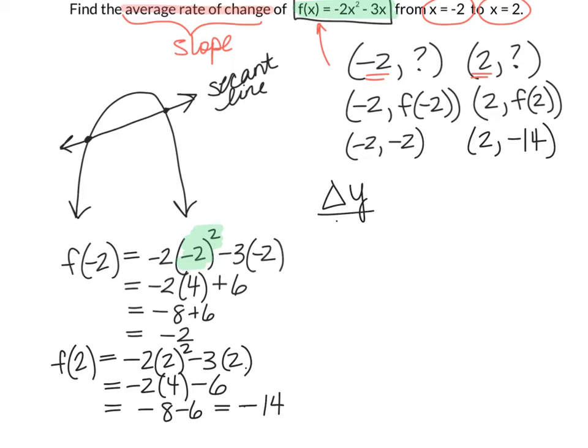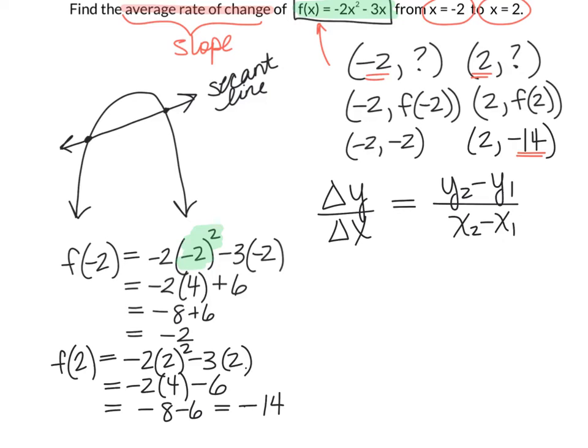And remember, slope is the change in y divided by the change in x. In other words, we want to look at the difference between the y values and the difference between the x values using that slope formula. Now, it does not make any difference which y value you start with. So, for example, if you want to start with the y value of negative 14, that would be fine.